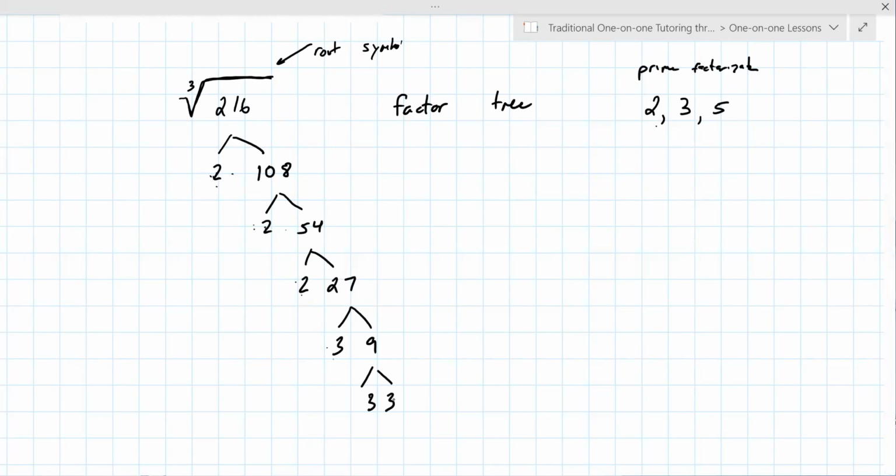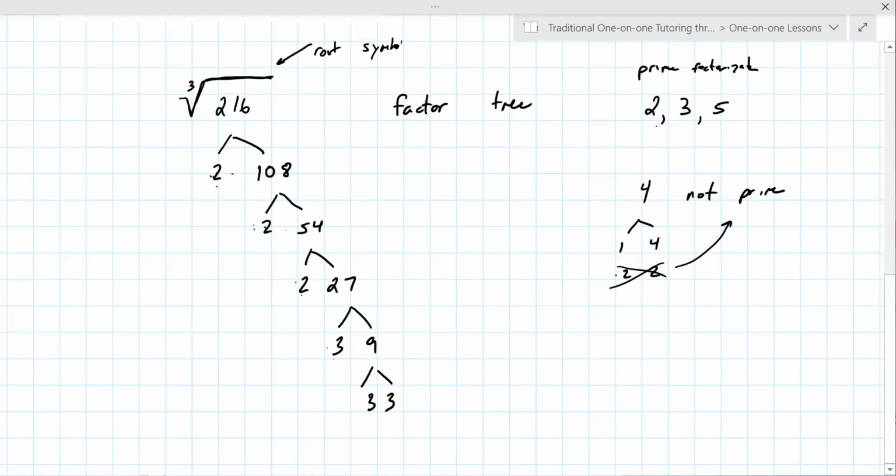What are the prime numbers again? Prime numbers are only divisible by 1 and itself. For example, 4 is not prime. Sometimes it's easier to talk about what is not prime, because 4 is divisible by 1 and 4, and 2 and 2. That's what makes it not prime, the fact that 2 goes into it.